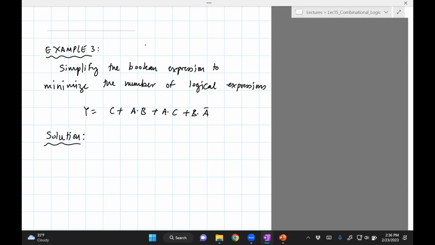Okay, so first we'll look at the number of logical operations involved. We see that there are 3 pluses, right? Which means that you need 3 OR gates.